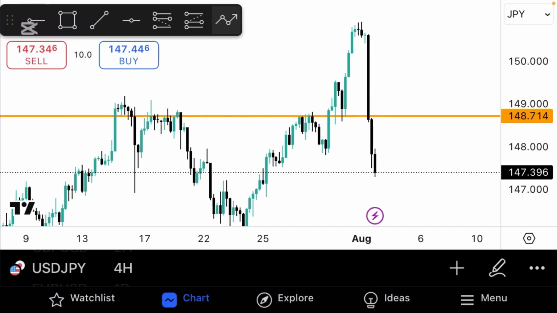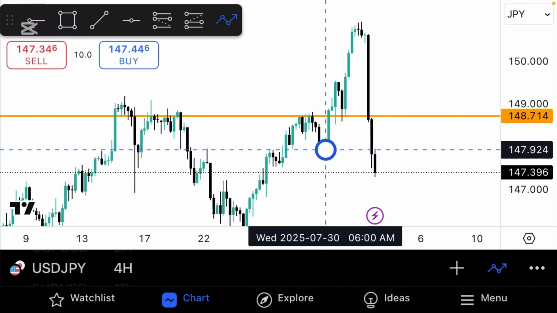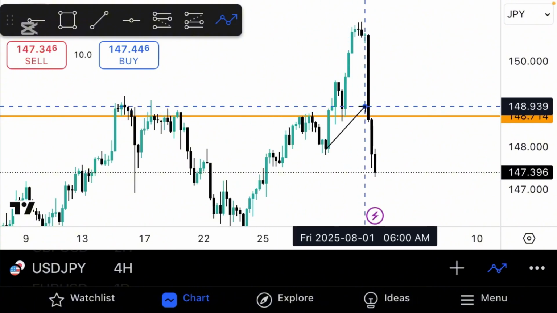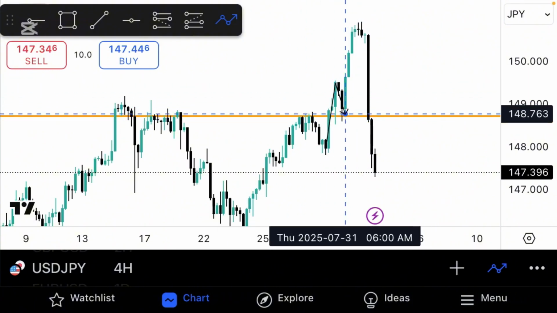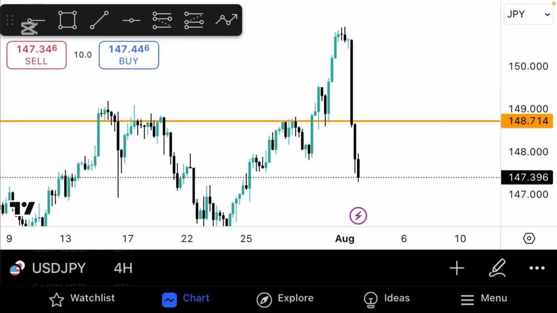When a support zone breaks or gets violated, that support zone automatically becomes resistance, and that's what actually happened on USD JPY when this support resistance zone on the daily time frame was violated. It came back to act as a support, which makes it a valid support and resistance zone.